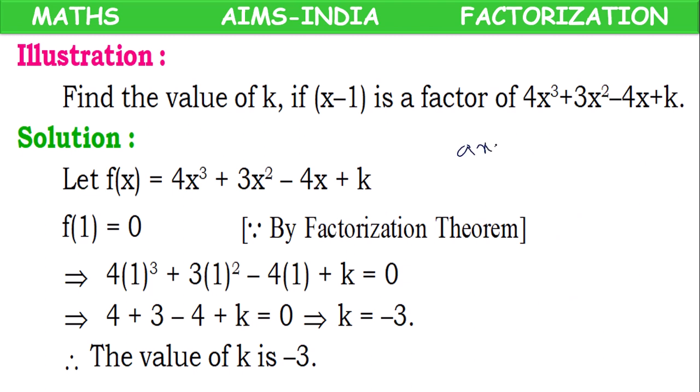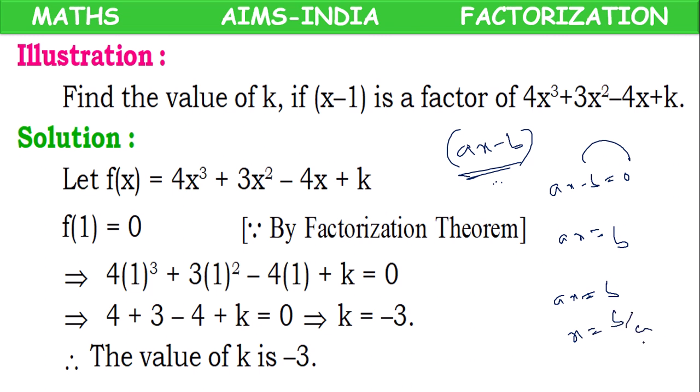Suppose if they give ax minus b, then what is the remainder? You have to take ax minus b equal to 0, ax equal to b, we have got x equal to b by a. So the remainder will be f of b by a.